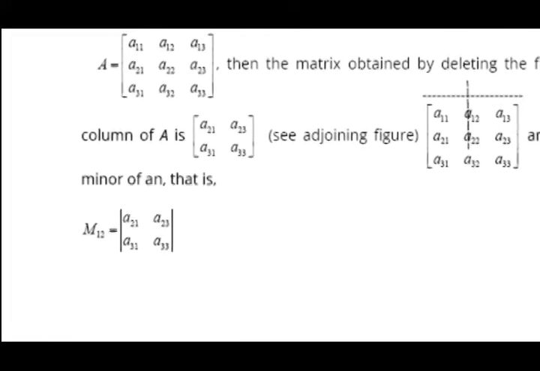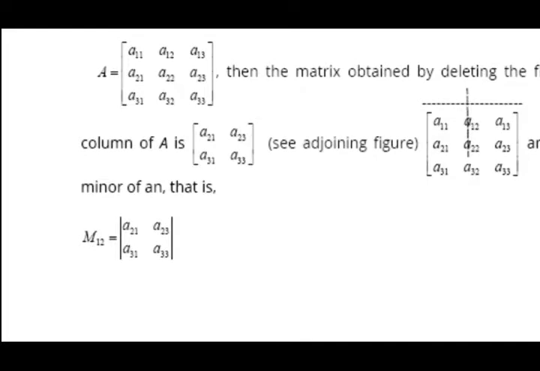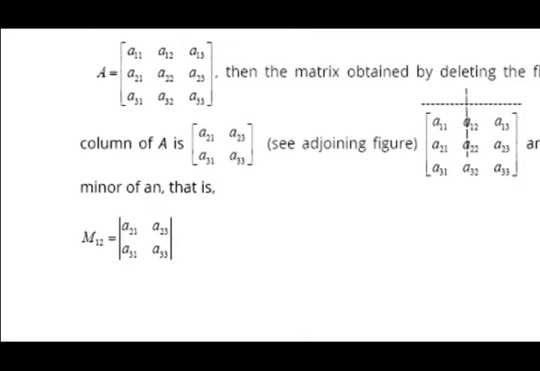We delete the first row and second column, so it is called minor M12. M12 means we delete the first row and second column. 1 shows the row, 2 shows the column, and the remaining values are in this determinant.